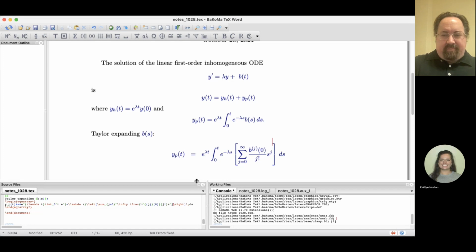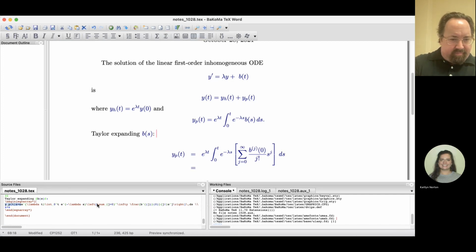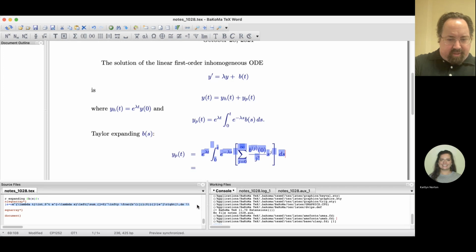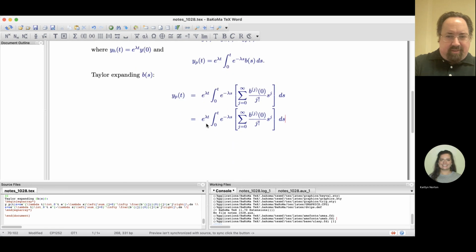Okay. All right. And then as before, just doing some rearranging, pulling out what I can from the integral. A whole lot easier to do in this setting where I can just copy and paste.